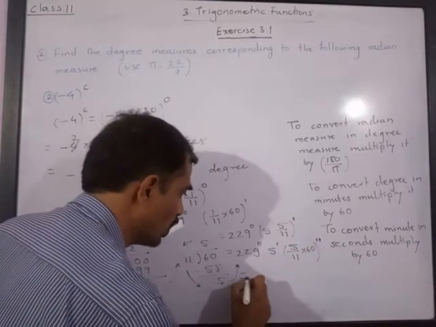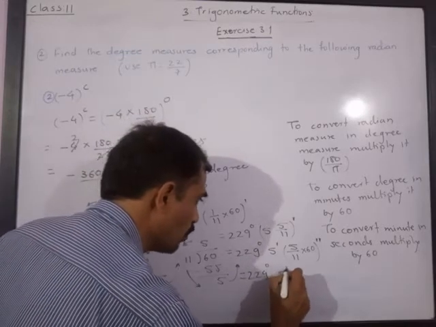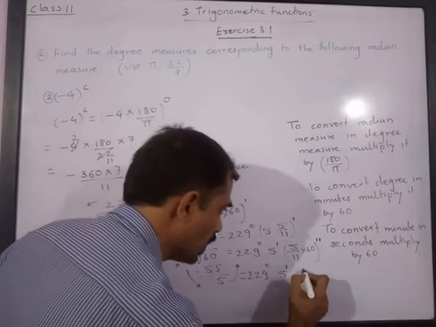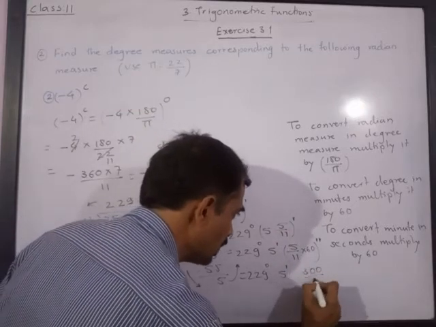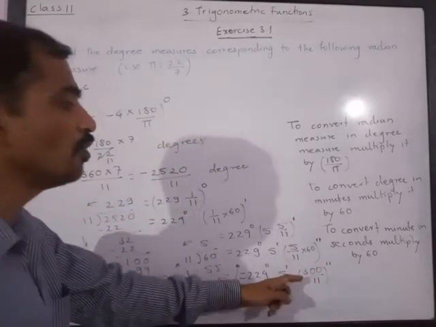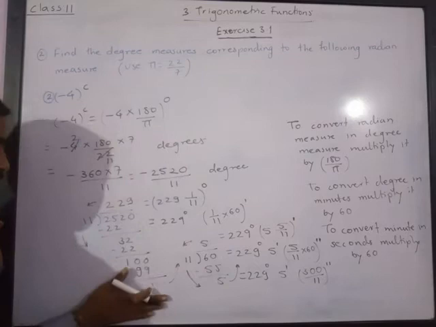So this is equal to 229 degrees, 5 minutes and 6 fives are 30, so 300 divided by 11 seconds. If you divide 300 by 11, I am erasing this calculation part.